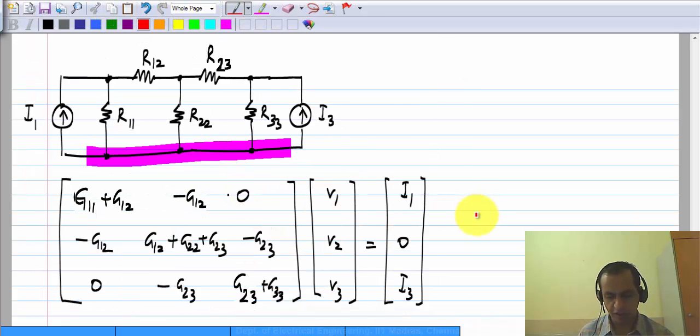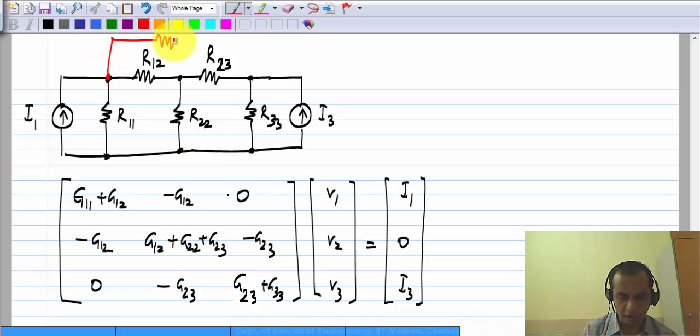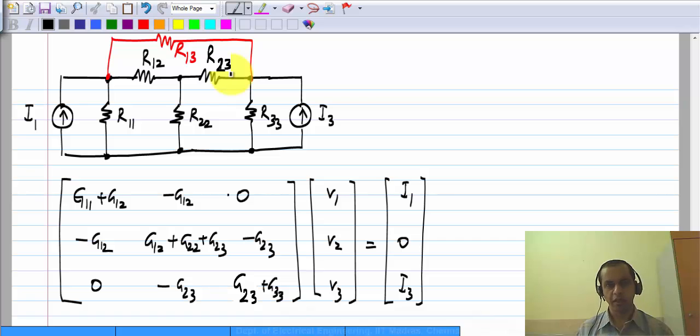So now let's consider another change. Let me add a conductance between nodes 1 and 3.